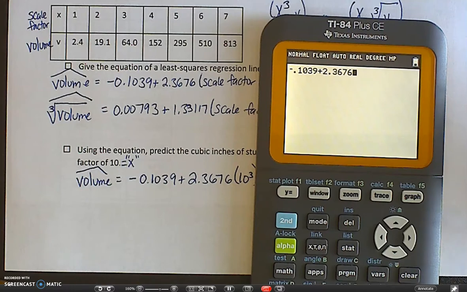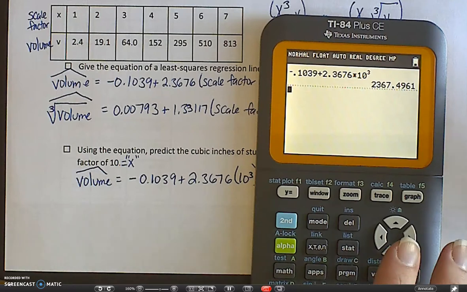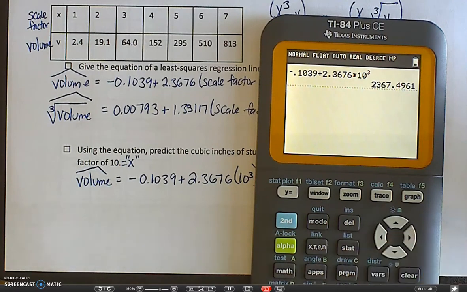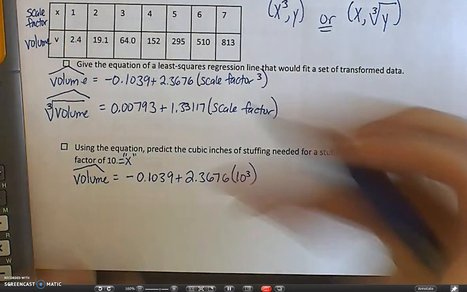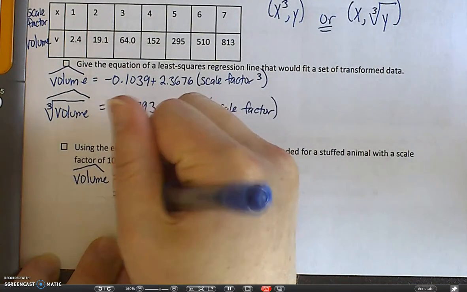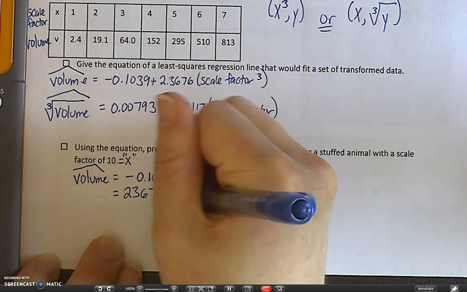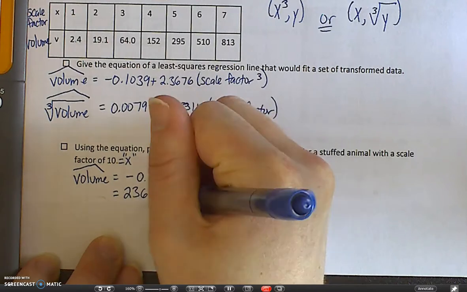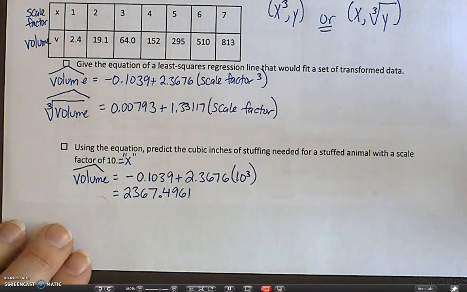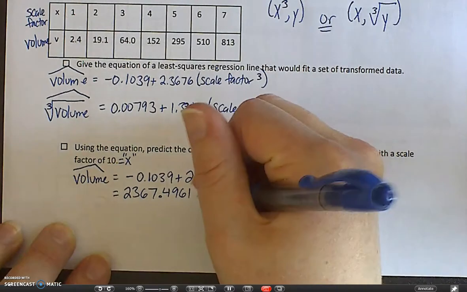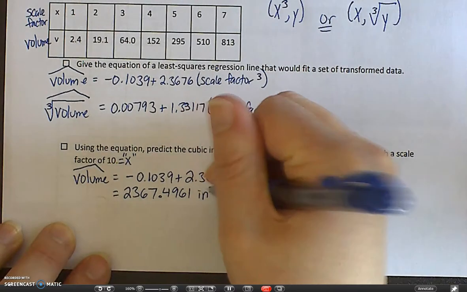You should do this too, just to make sure you know how. Make sure I typed it correctly. Yep, looks good. And I get 2,367.4961. Since this is volume and it's cubic inches, I'll just write inches cubed there.